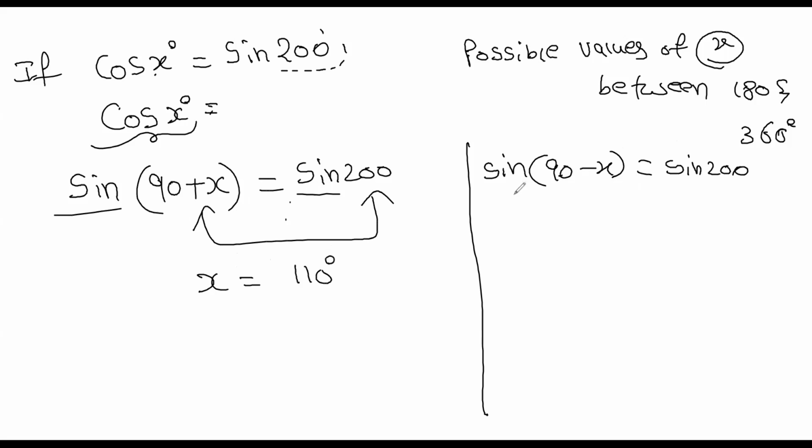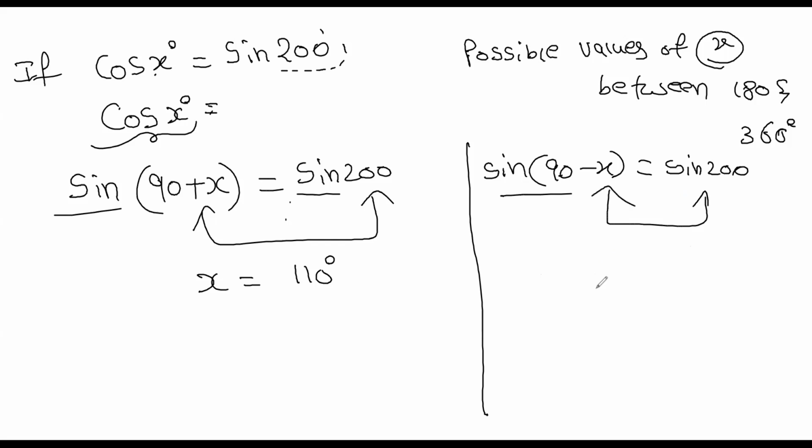Here also both are equal. If you equate them, here also you'll get 110, right? Now here, 90 minus x is equal to 200.